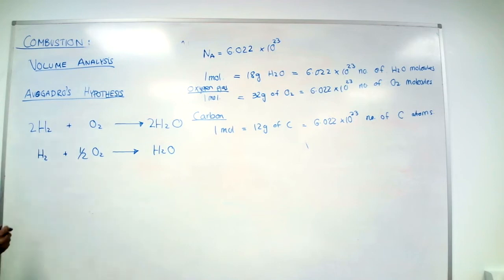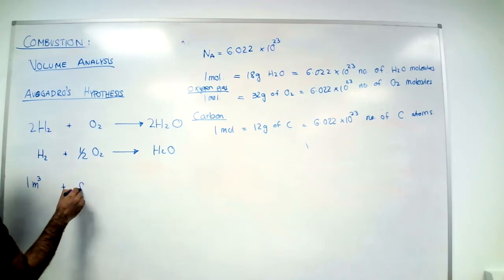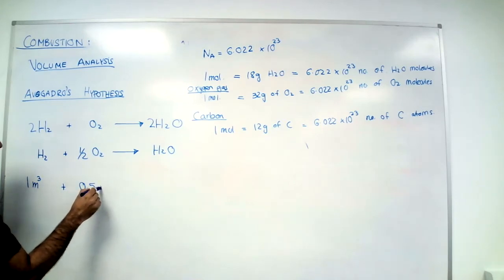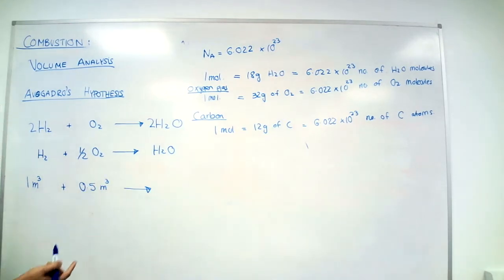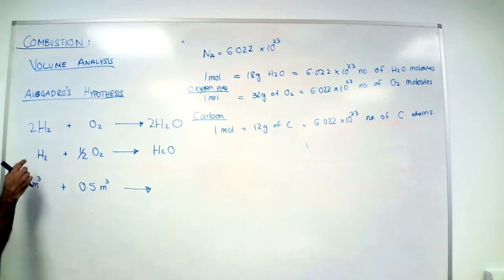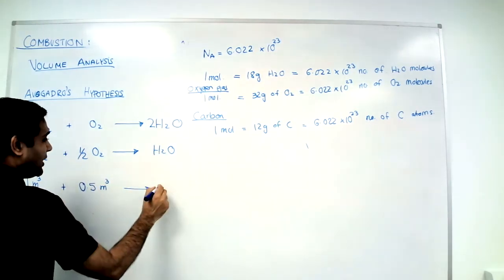I can also say I've got 1 meter cube of hydrogen, and I can have half meter cube of oxygen, and that will give me, if that's in gas form or vapor form, I can have a look. Now, I'm just copying the number from here, 1 and 1. Now, this one is just 1.